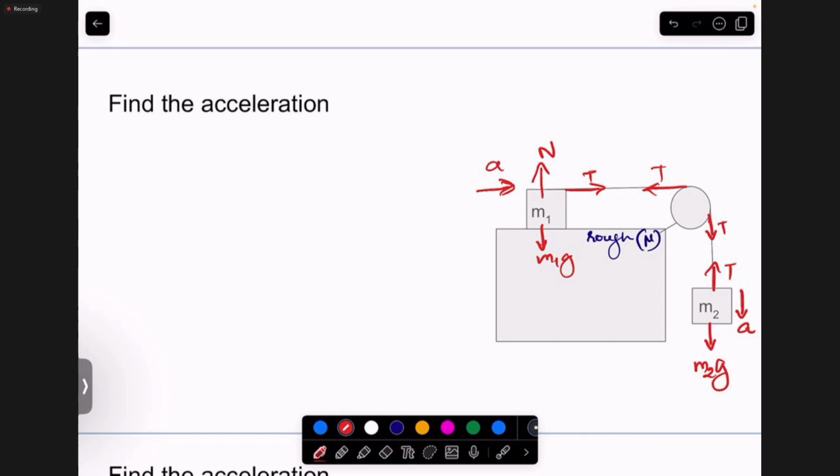Due to the weight of M2, there will be tension on the string, which is transferred through the string to M1, and this tension is trying to pull the mass M1.